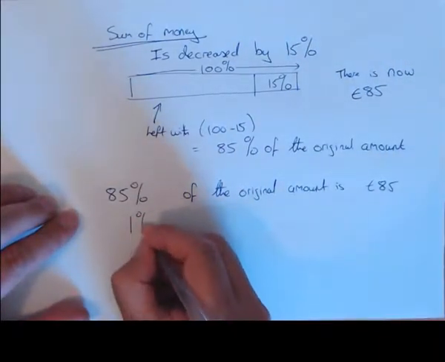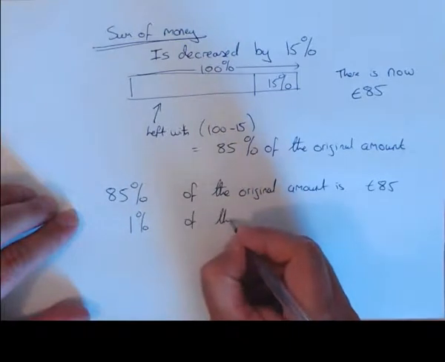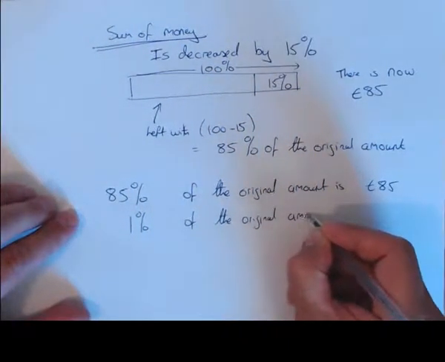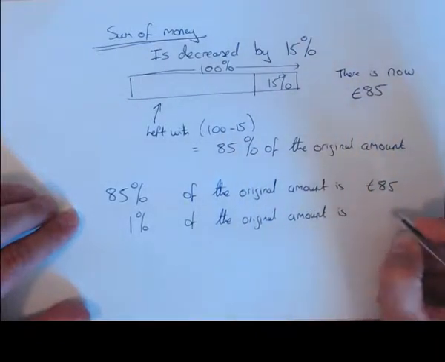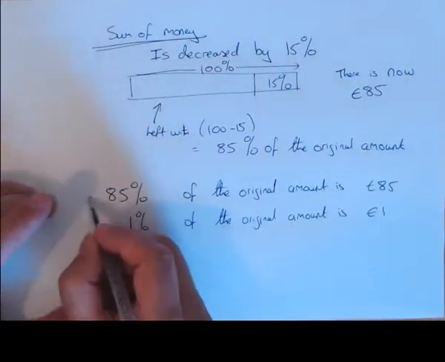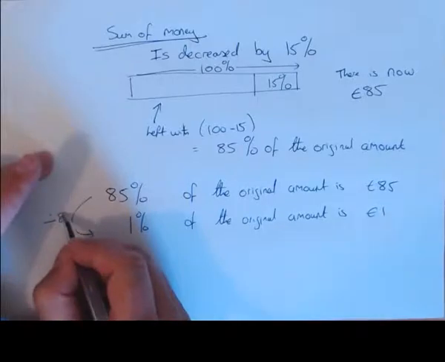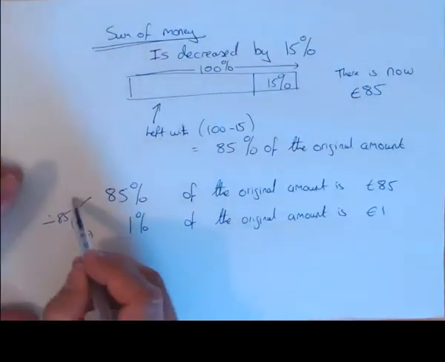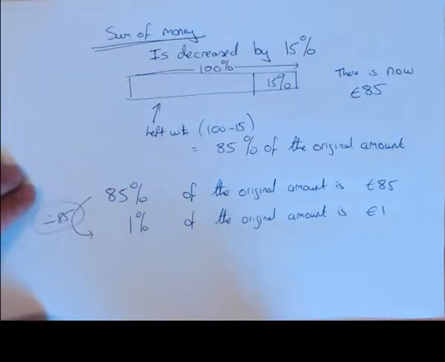I would say 1% of the original amount is €1. What did I do? I divided by 85, in exactly the same way that I divided by 3, to get 1%.